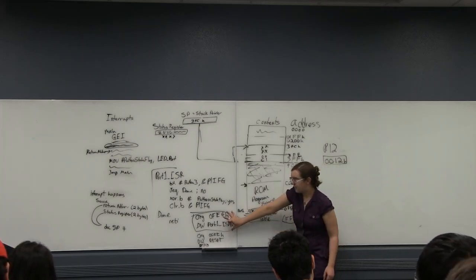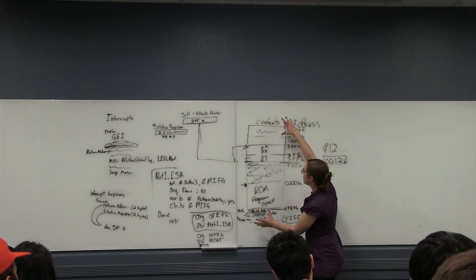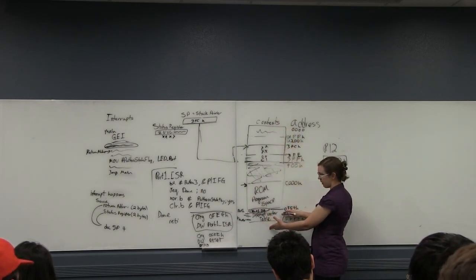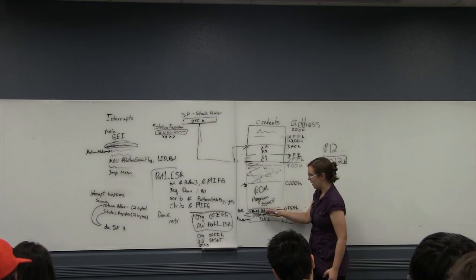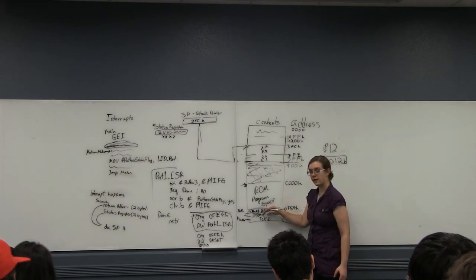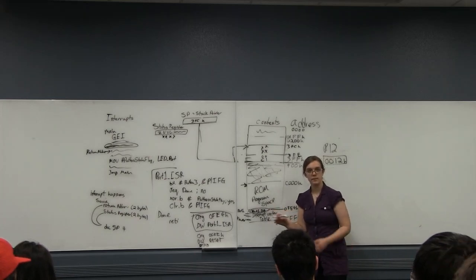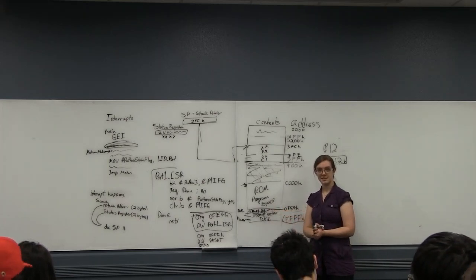So what these two lines of code are doing is in your memory map, it's saying that at this address in your memory map, store the label port 1 ISR. Does that make sense? Okay.